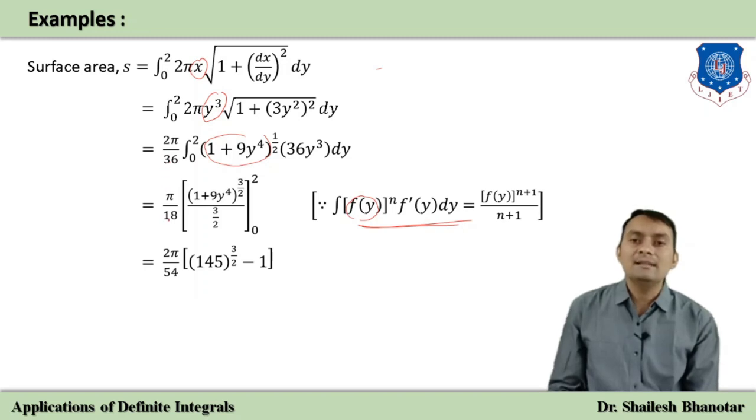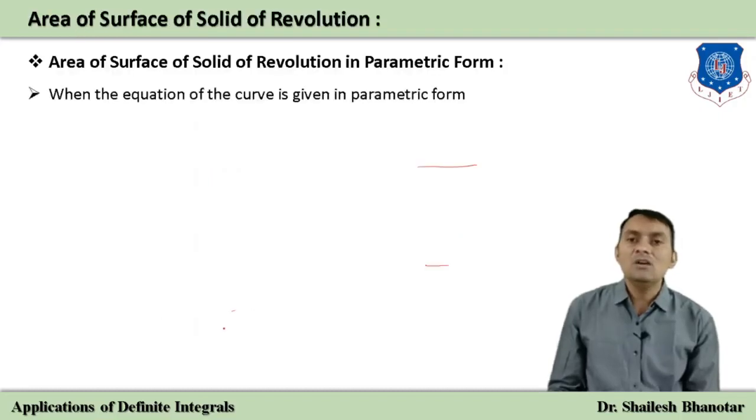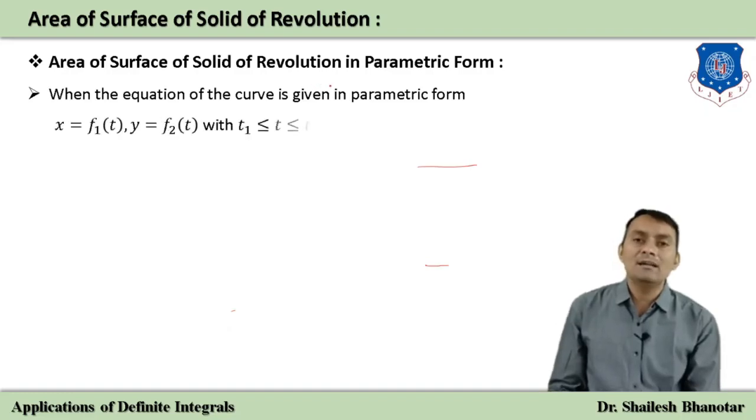So I can say pi divided by 18, and according to this formula, (1 plus 9y raised to power 4) raised to 1 by 2 plus 1, that is 3 by 2, divided by 3 by 2, over 0 to 2. When I put in the upper and lower limits, I will get the final answer, and that will be the final conclusion.